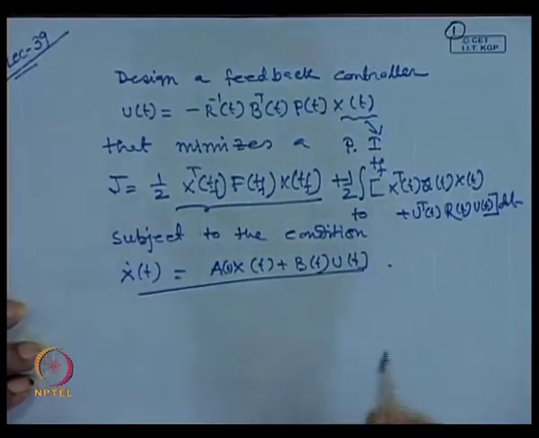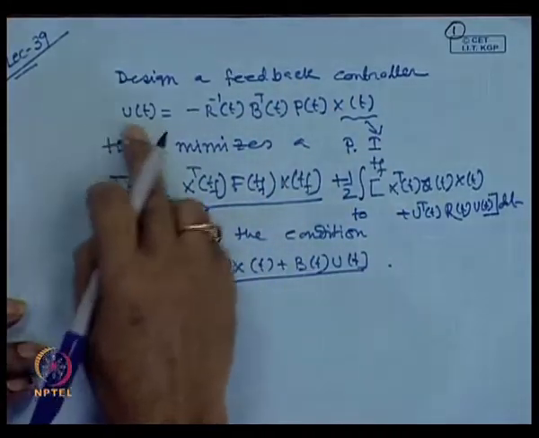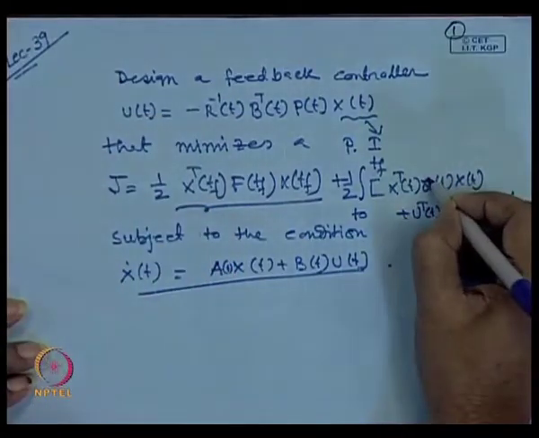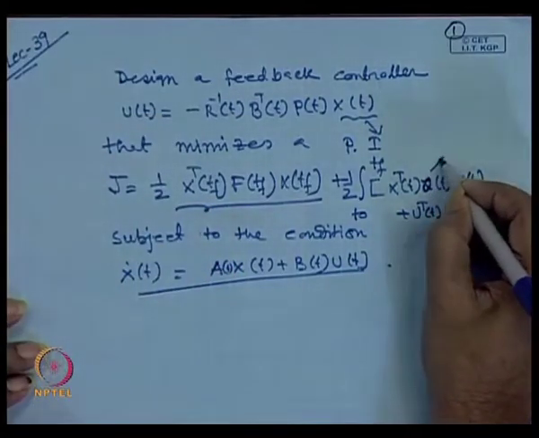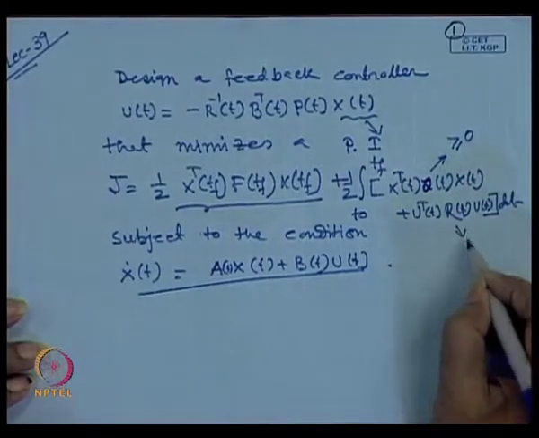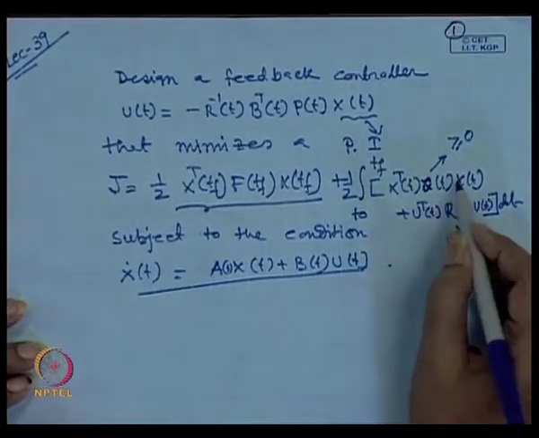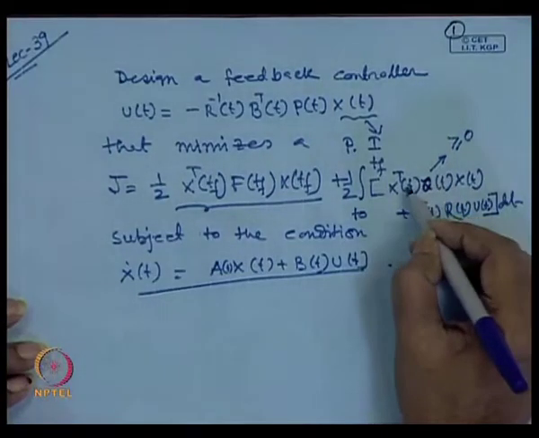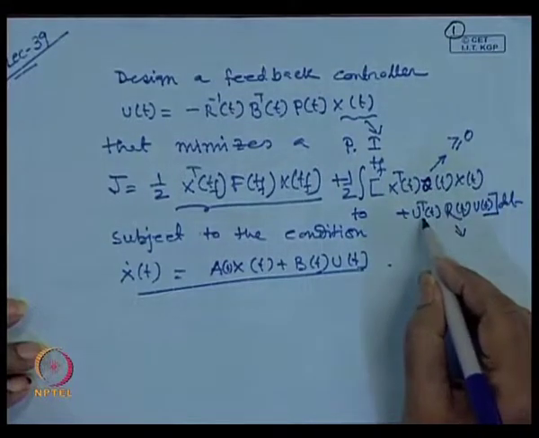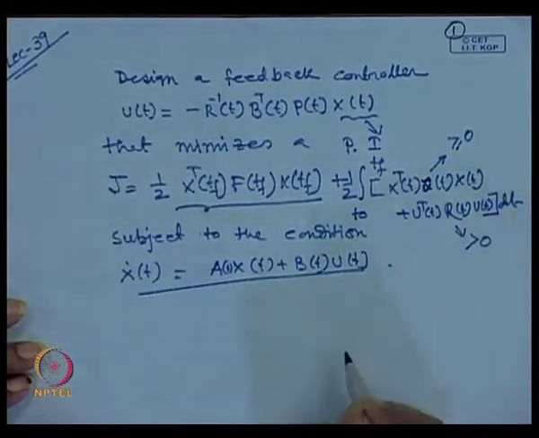This is our problem. Q of t, which we have assumed is positive semi definite, is weighted with the state vector, and R of t is weighted with the input vector, and that is a positive definite matrix.